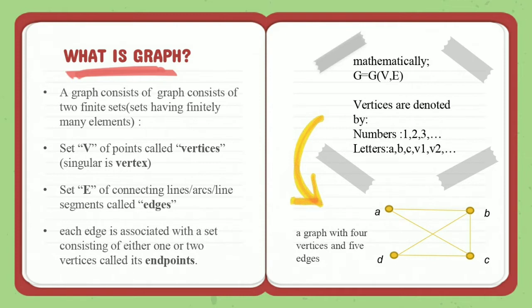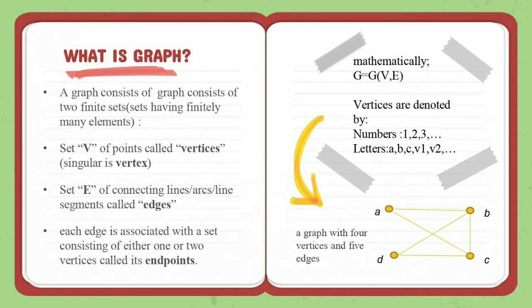Set V of points is called vertices, and the singular is called a vertex. Set E of connecting lines, or arcs, or line segments is called edges. Each edge is associated with a set consisting of either one or two vertices called its endpoints.